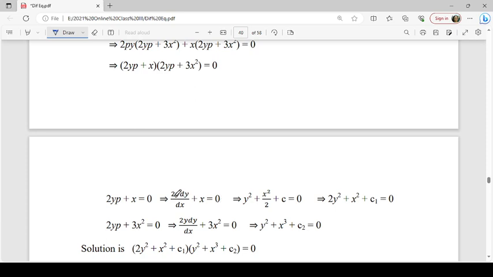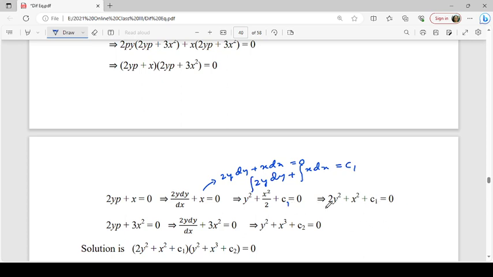Then the variables are separated: 2y dy + x dx = 0. So the solution is the integration of 2y dy plus the integration of x dx equal to c1. Twice y integrates to y², x integrates to x²/2, plus c1.